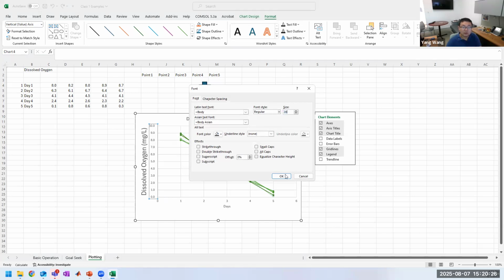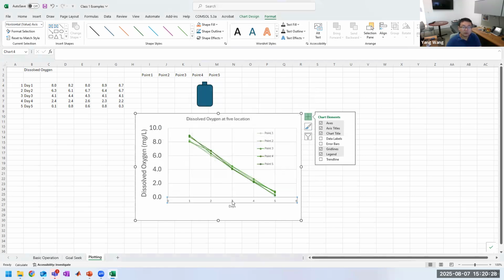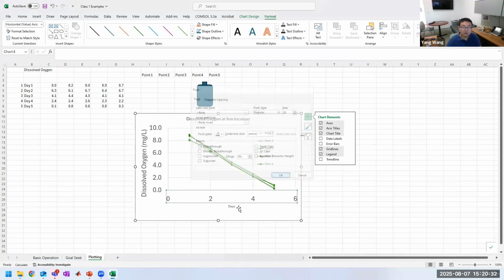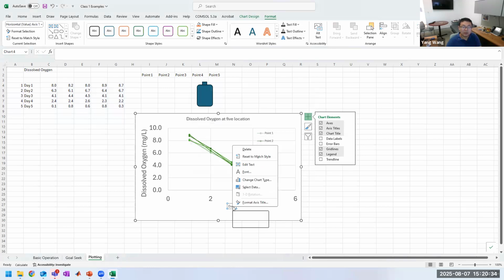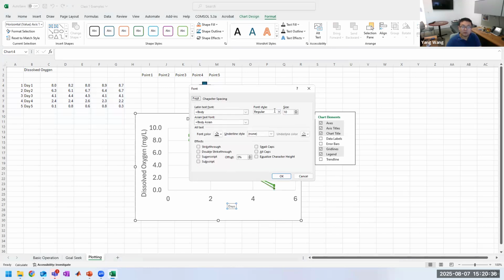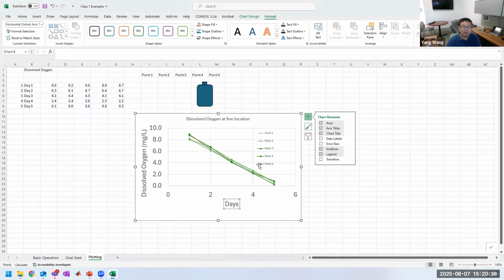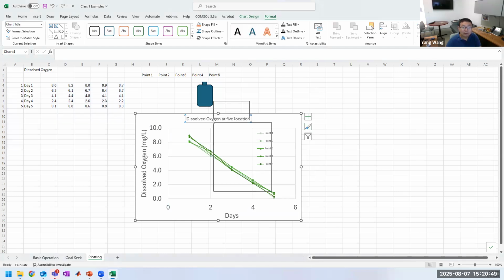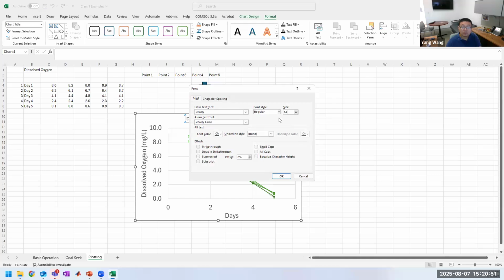We also choose the font size of 20 right here, the same thing, 20. So the goal is that we want to have a plot that you can easily recognize. You can see now it's compressed a little bit, but it's okay. And then the same for the title, font size 20.